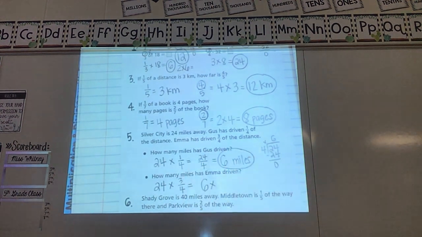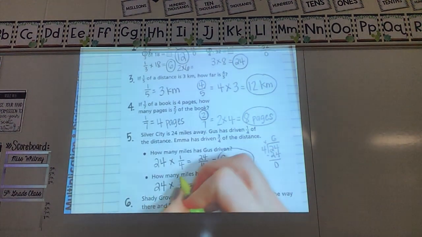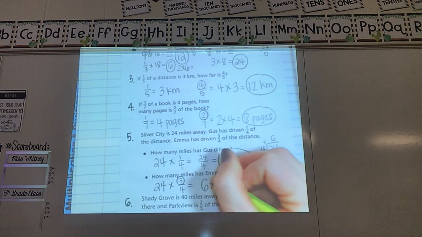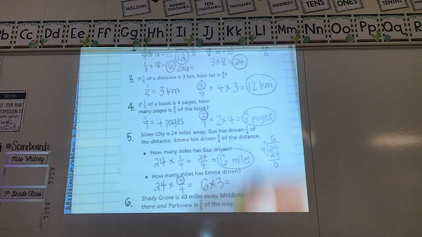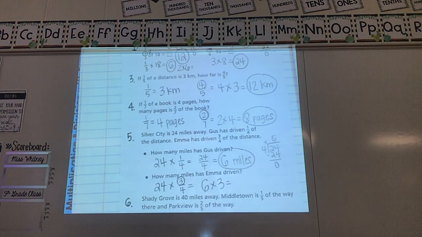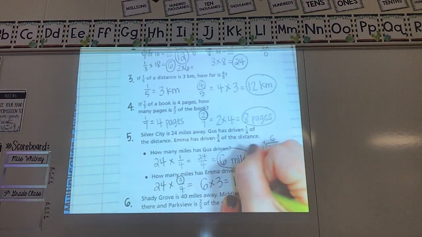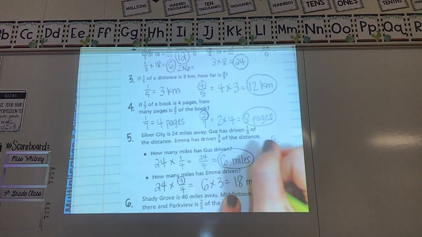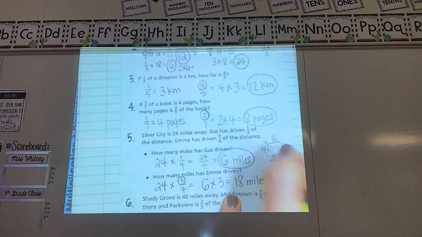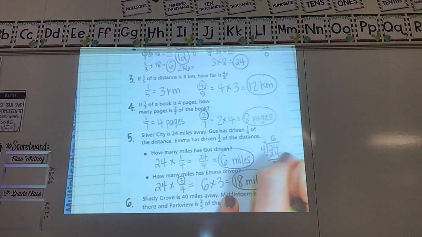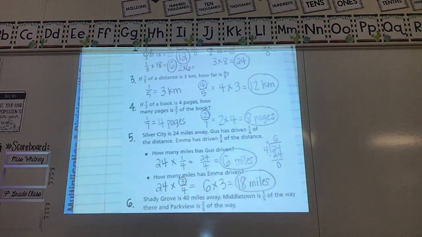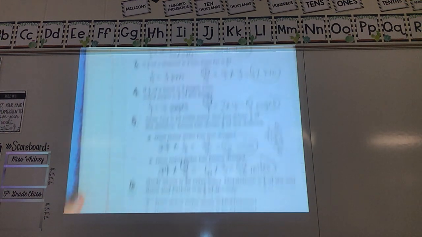How many fourths are we trying to figure out? 3. So we're just going to do 6 times 3. What is 6 times 3? 18 miles. Once we know 1/4, we can easily figure out 3/4 by taking our answer and timesing it by that top number. Let's try that strategy again on number 6.